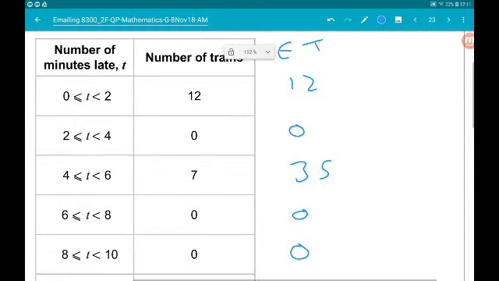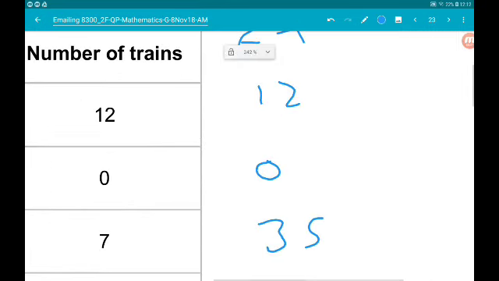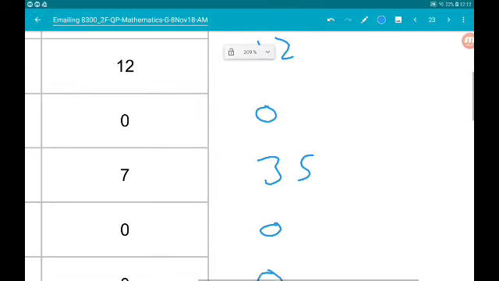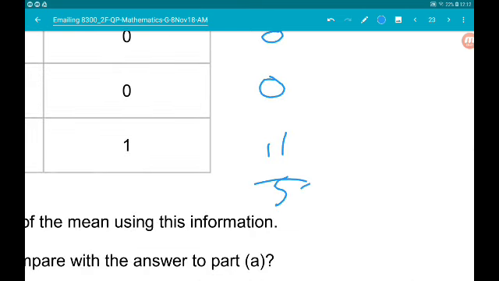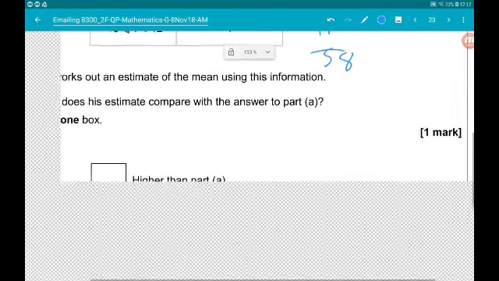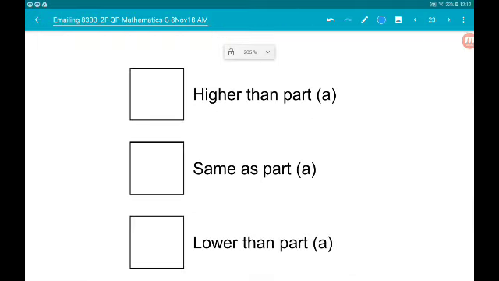So his total estimated total is 12 plus 35, which is 47, and 11 is 58. So he would then do 58 divided by 20, which is going to get lower than ours because we had 95. So it's lower. Cool.